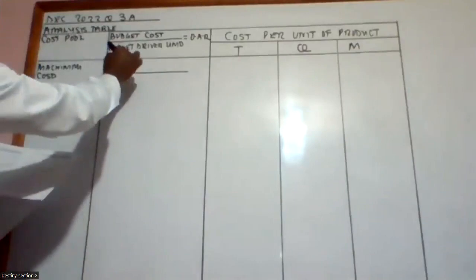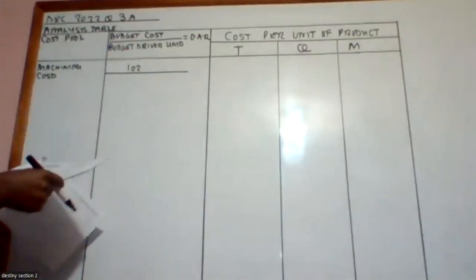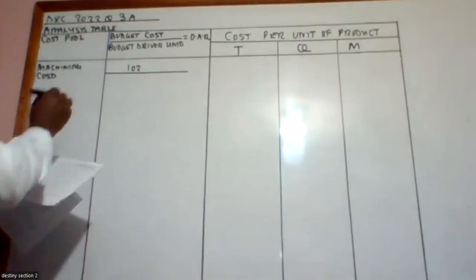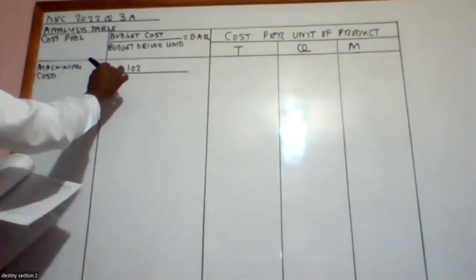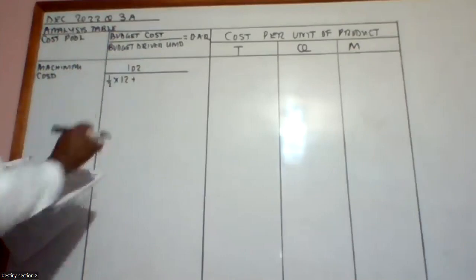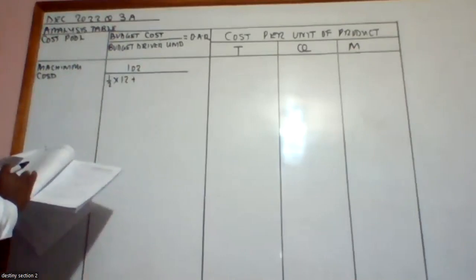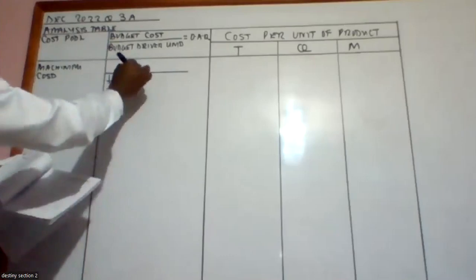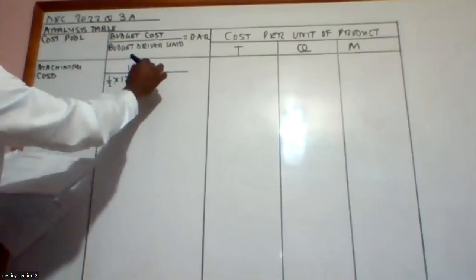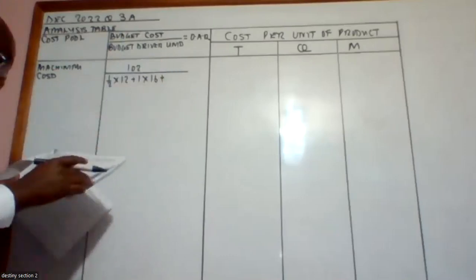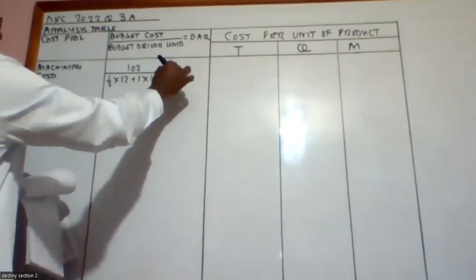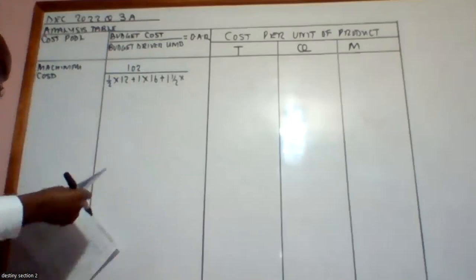The overhead costs are 1 or 2. And the machine hours for product T, as you can see on the other page, is half. So it is half times the number of units, which are 12, plus for the next product it is 1 multiplied by the number of units, which are 16, plus for the last it is 1.5 times the number of units, which are 8.